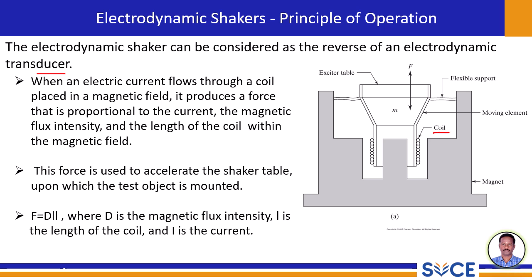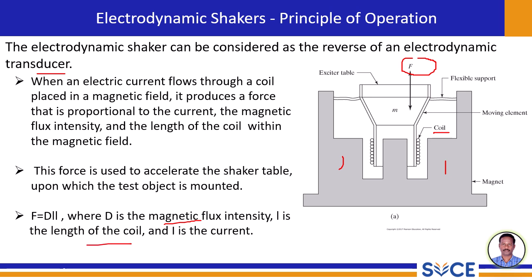When an electric current flows through a coil of wire that is placed within the magnetic field, it generates a force. The magnitude of this force is directly proportional to several factors: the current flowing through the coil, the intensity of the magnetic flux, and the length of the coil.